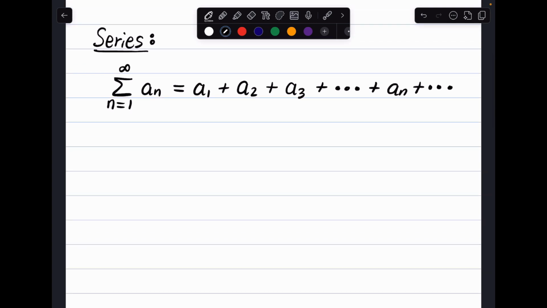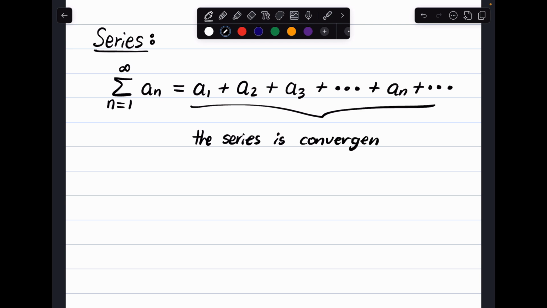And so we say that a series is convergent if this sum tends to a finite value.